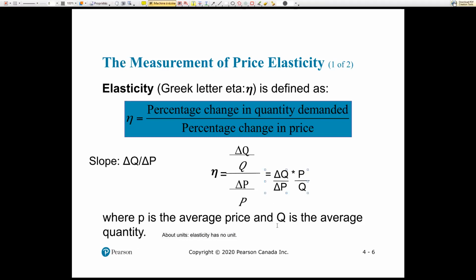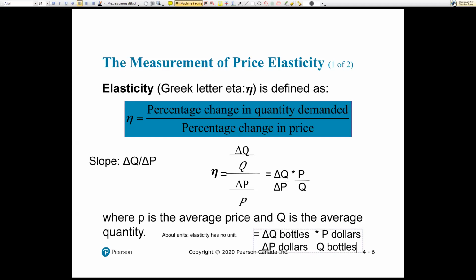And let me show you why. Delta Q would be, I don't know, units, like bottles, if it's Coca-Cola, for instance. And delta P would be dollars. And here price is dollars, and Q is bottles.